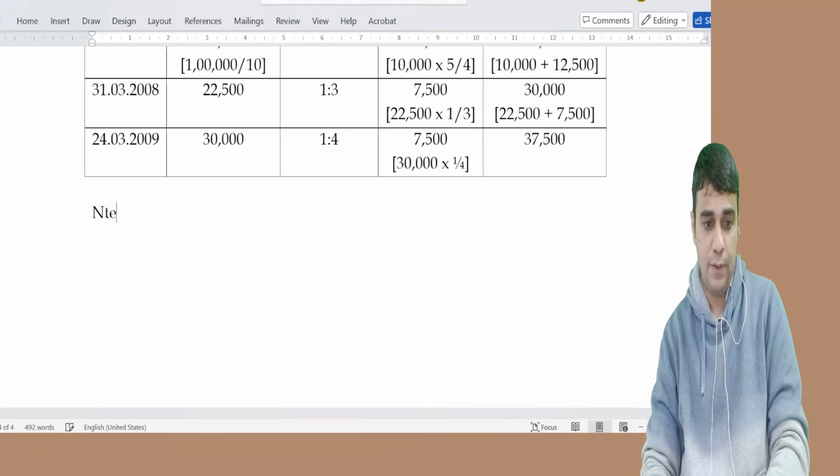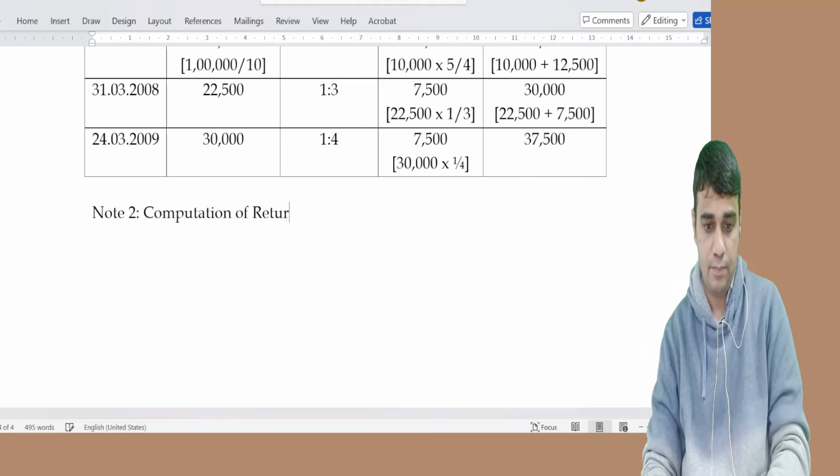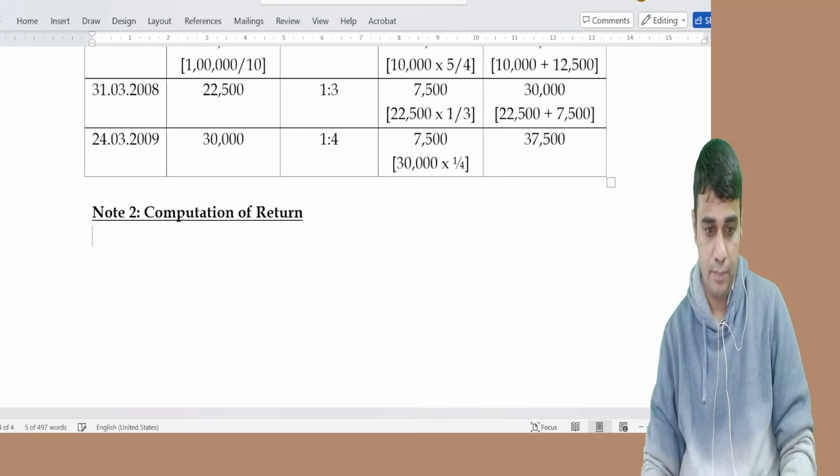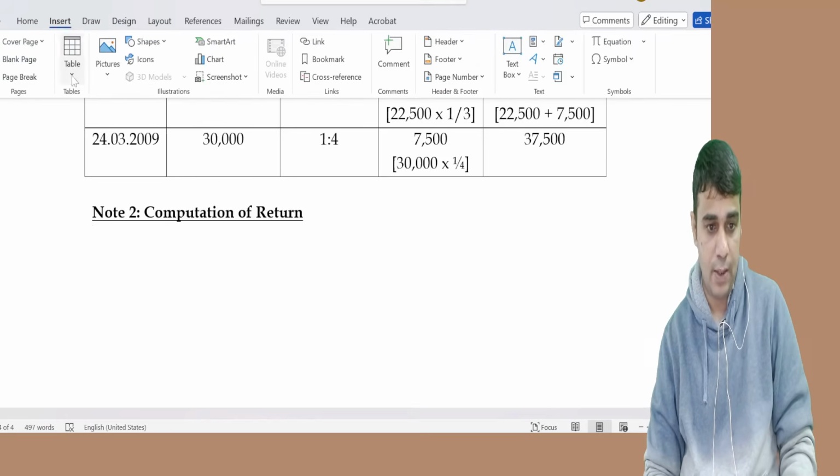Note to computation of return. Particulars, calculation, amount.